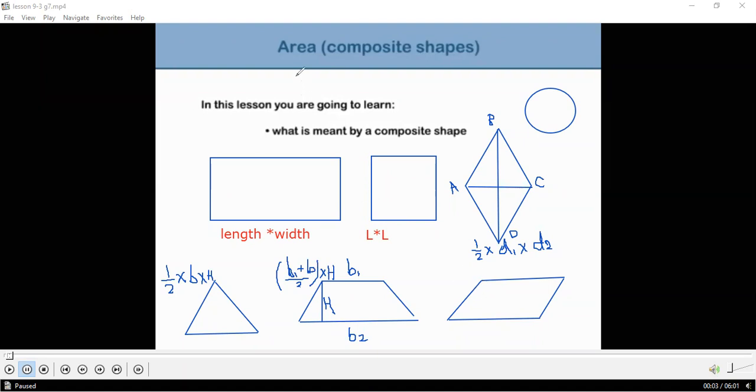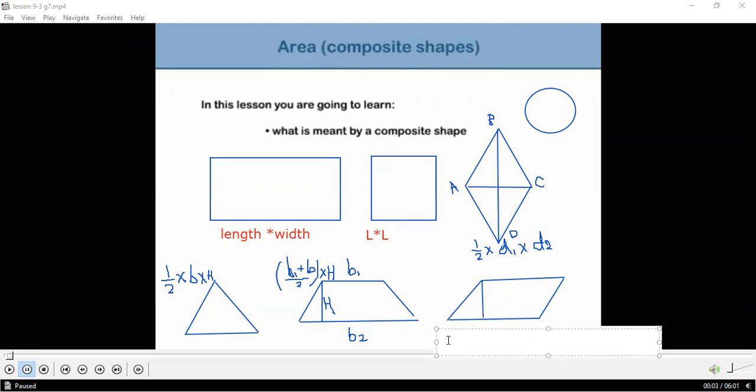The last figure is what, Ruqayya? Parallelogram. Thank you. Do you know how we can calculate the area of the parallelogram?